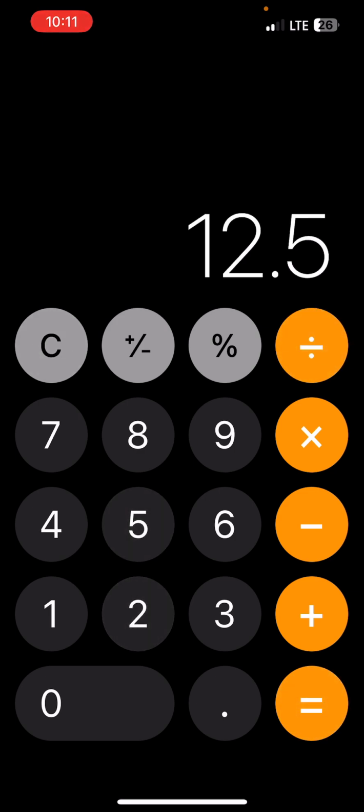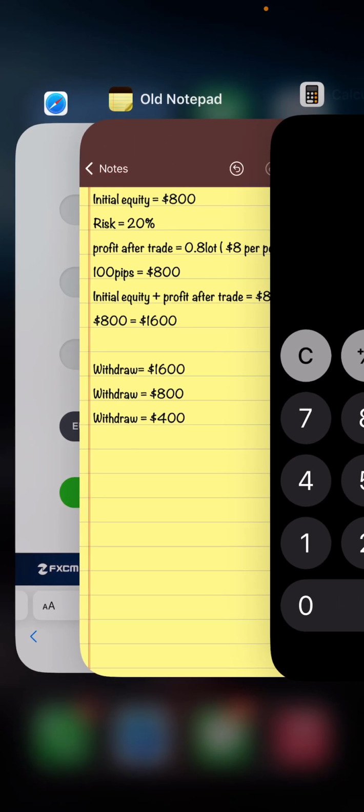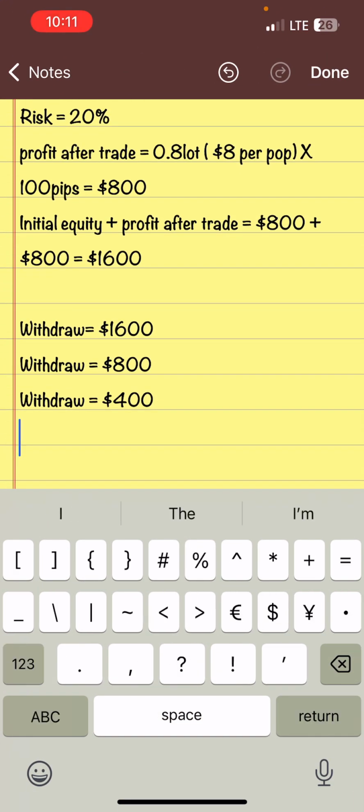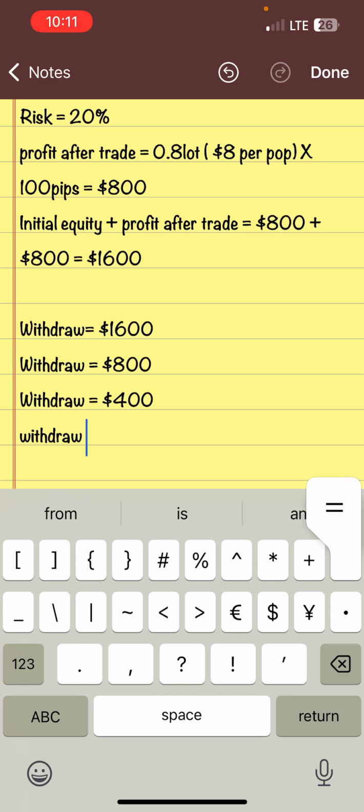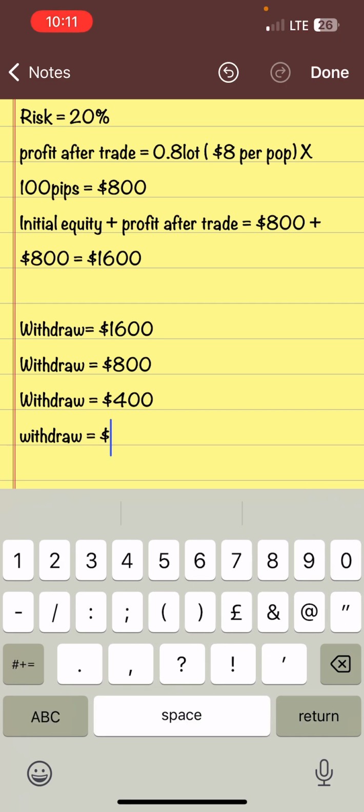Assuming at the end of the week you grab 12.5 pips. So your withdrawal will be $200 minus your initial deposit. All these ones are minus initial deposit.